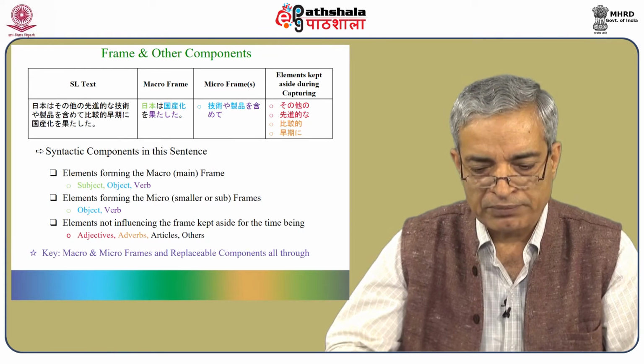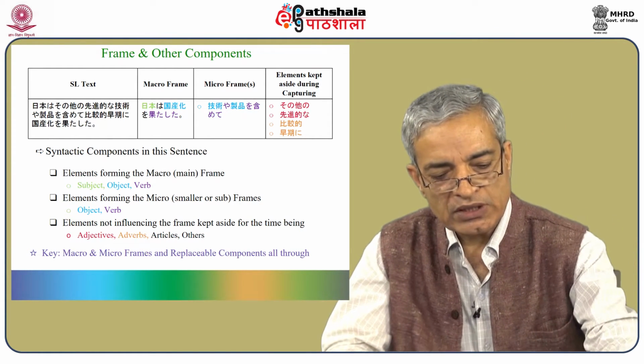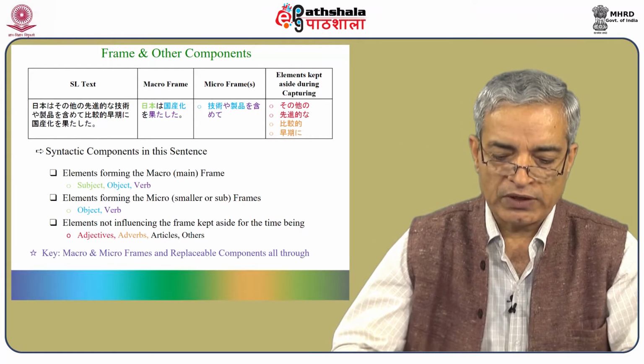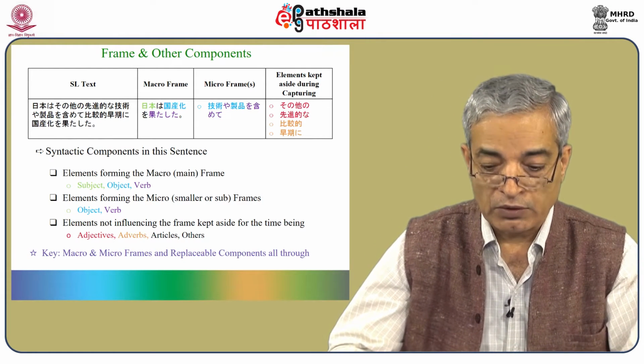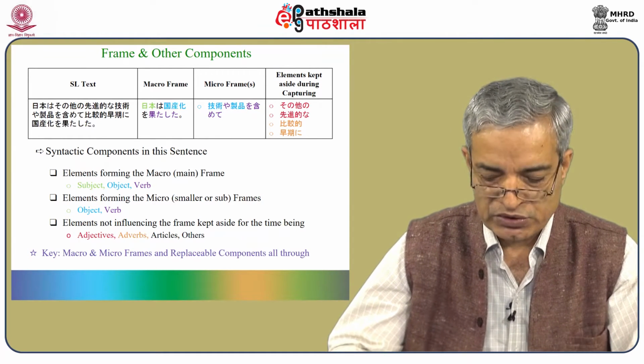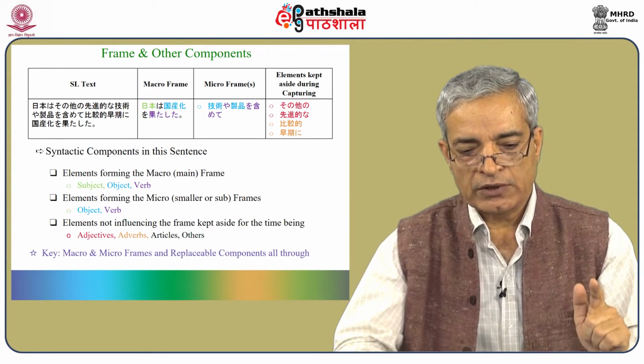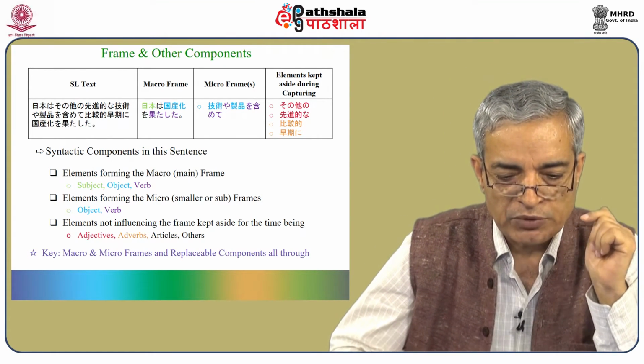It's comparatively, relatively at an early stage. So the key here is that the macro and micro frames and replaceable components all through are the key in a sentence to catch. I think this is what Rajat brought in.